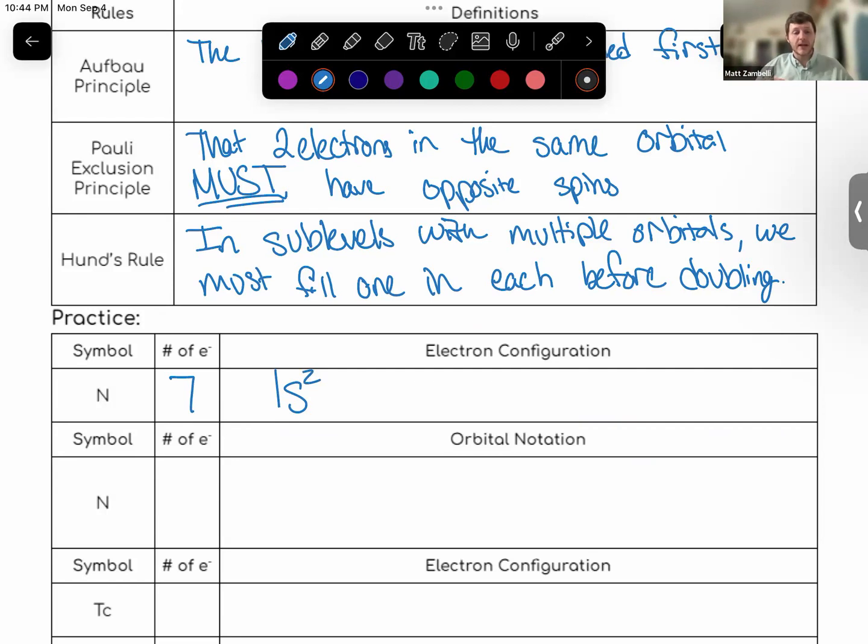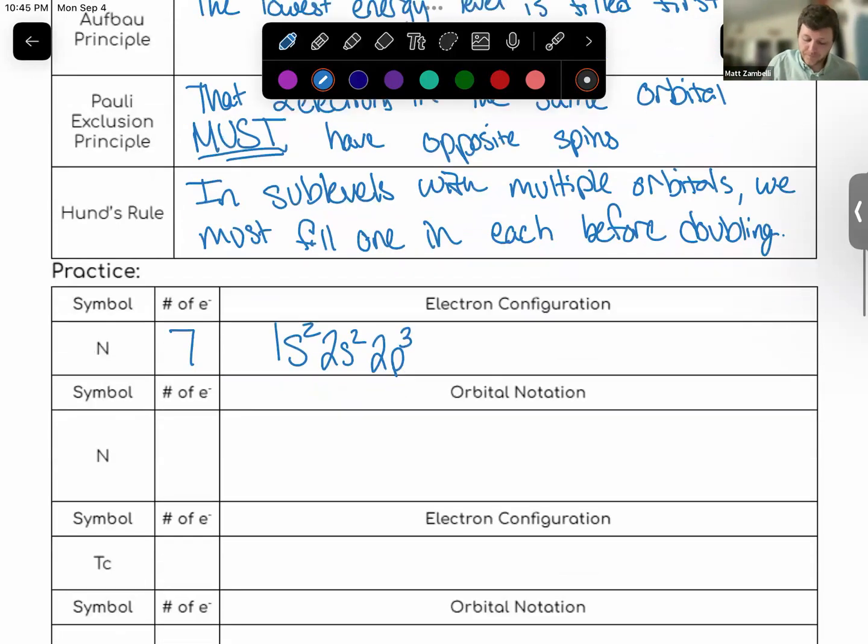And then we keep going, and we go to 2s, and we go through both lithium and beryllium to get to 2s, so 2s2. And then we keep going to 2p, and 2p1 is boron, 2p2 is carbon, and 2p3 gives us nitrogen. So we have our electron configuration.